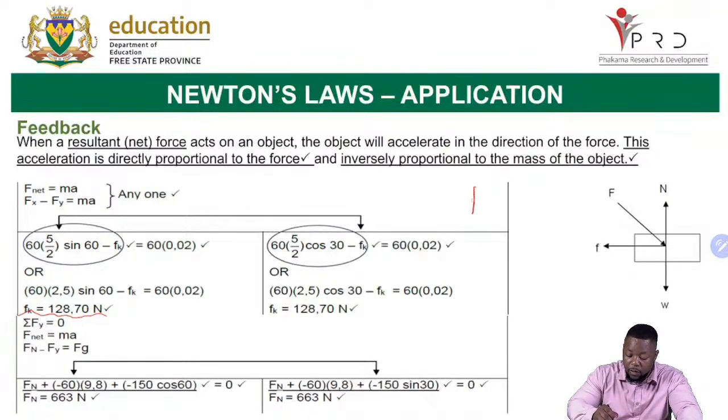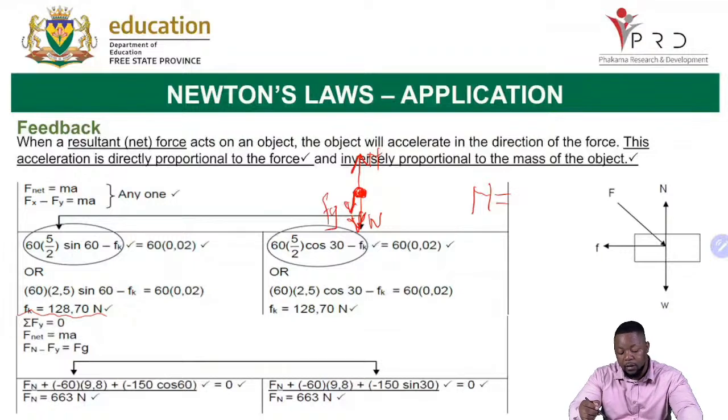And then we need to calculate the normal force. Remember that our applied force is pushing the object downwards. So we have the weight, the gravitational force, and the normal force, and now we have a third force vertically, which is Fy. All these vertical forces are balanced, so the normal force equals Fy plus the weight, because the two forces going down are equal to the force going up.